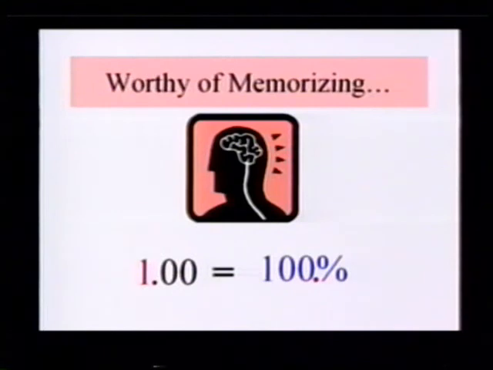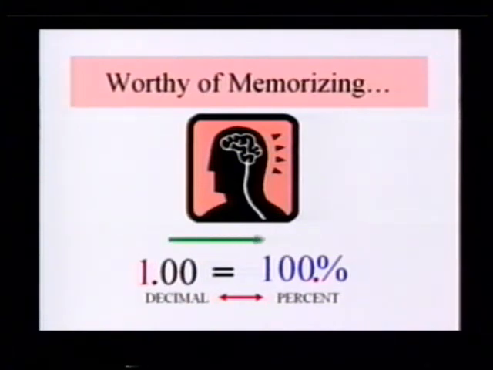Okay, so there's a decimal in both. The reason you want to memorize it this way is because you want to know where that dadburn decimal is. Okay? So that when it's a decimal, or when it's a percent, you have to know which way to go. If I want to become a percent, I'm going to move to the right, as you can see. If I want to become a decimal, I'm going to move to the left. Get the idea?